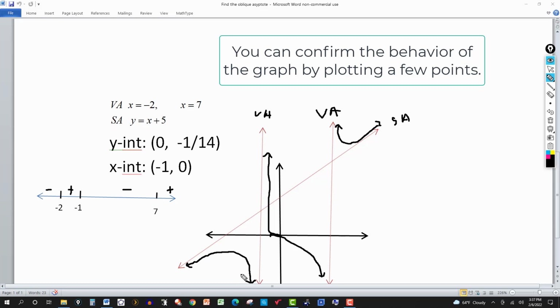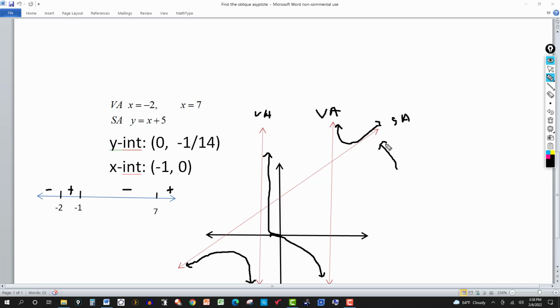Now I want to point out to you that if you enter this rational function on your graphing calculator and you start graphing it, you might not get this portion up here. Because your window for that graph might be too small, so you might only see this part right here, so 2/3 of the graph. So if you want to see it all, you might use your zoom, or you might change the window.